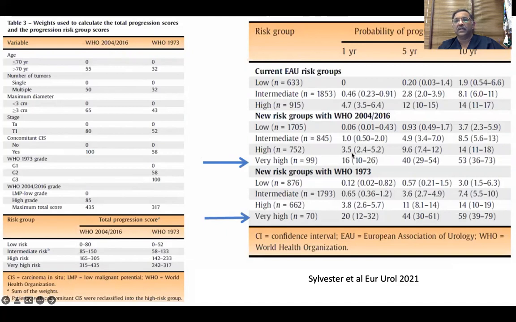So in the high risk category, 1 year progression is 3.5%, whereas it can be 16% for the very high risk group. Similarly, at 5 years, 9.6 versus 40. So 4 times increase in chances of progression between the high and the very high risk. So we now clearly see that high and very high risk are 2 different categories.